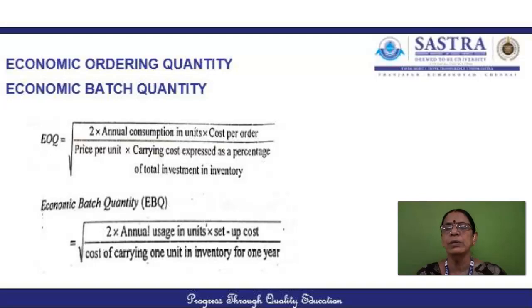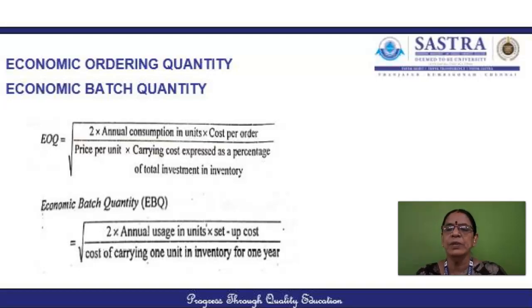Then 4,000 annual consumption, order size is 1,000, so we will get 4 orders. Now ordering cost is 240 per order. Into 10 orders, we will get 2,400. Into 8 orders, 1,920. Then into 5 orders, 1,200. Into 4 orders, it is 960.